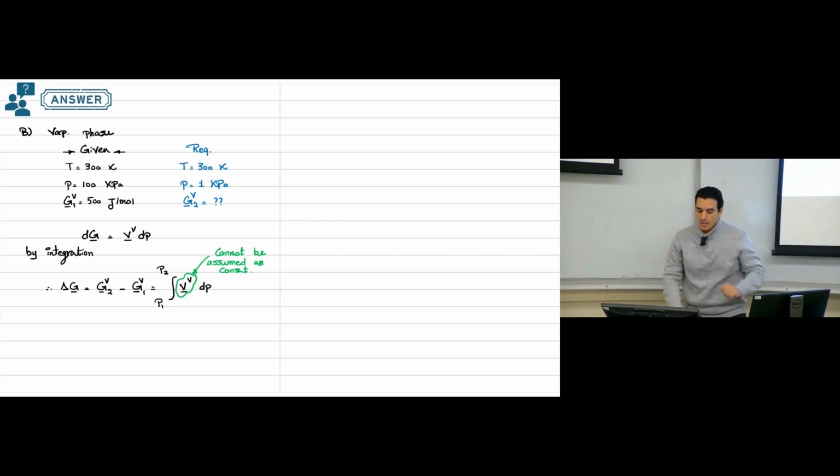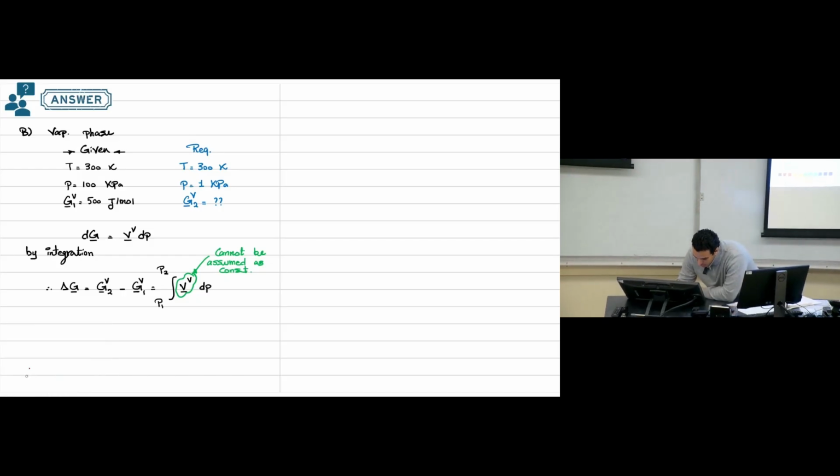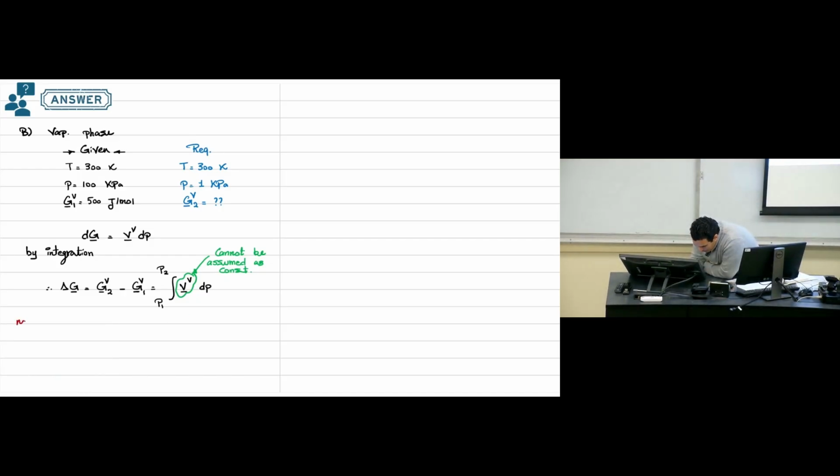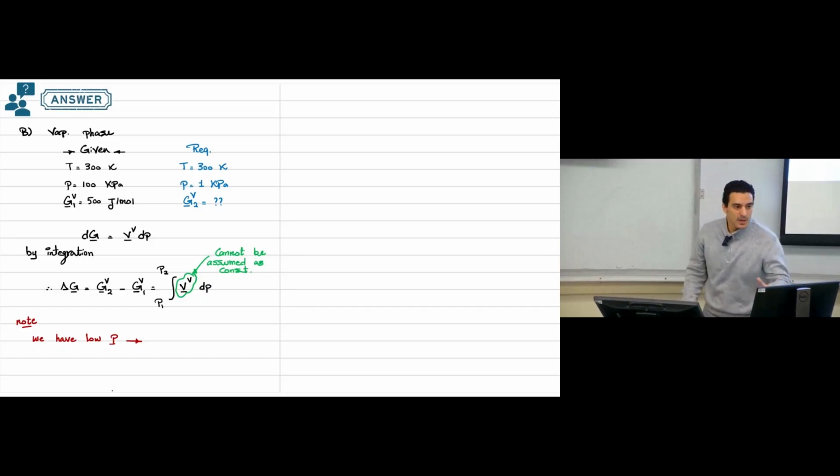One of the things we can do here: in this problem we have low pressure. And once you have low pressure, you can assume ideal gas behavior.